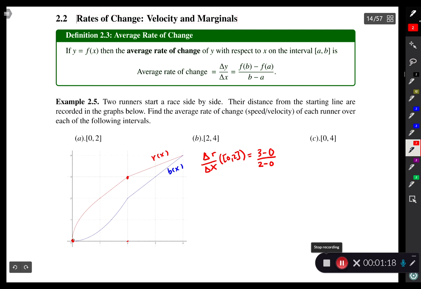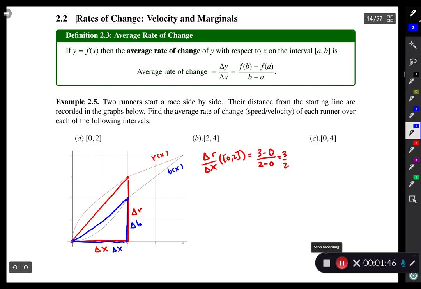So what we've done is we've calculated the slope of that line there, because this is the change in r, and this would be the change in x. We're taking delta r over delta x, and so we should get 3 halves. For the blue runner, that goes 0, 0, and 2, 2, so we'll be calculating the slope of this line, which is the change in b over the change in x.